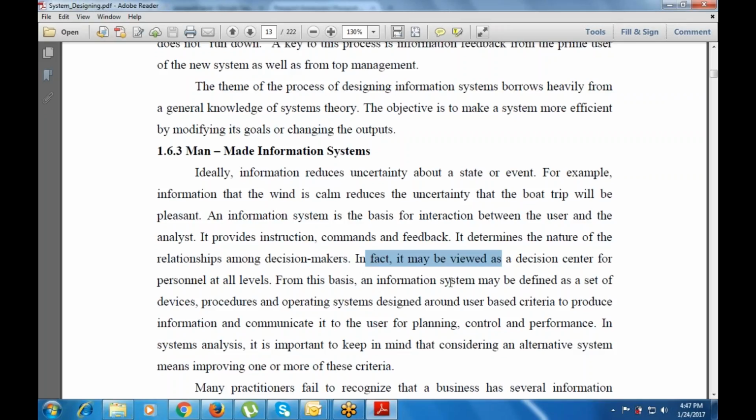From this basis, each and every information system may be defined as a set of devices, procedures, and criteria for a changing environment.